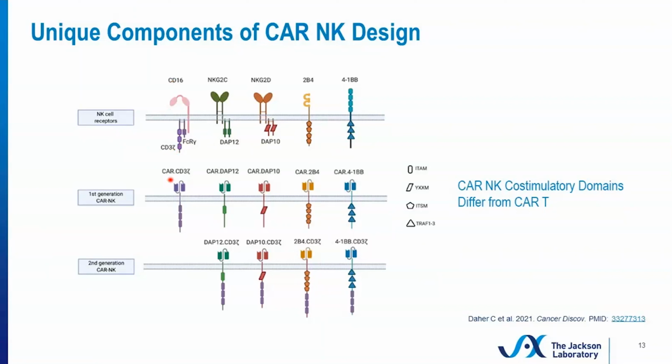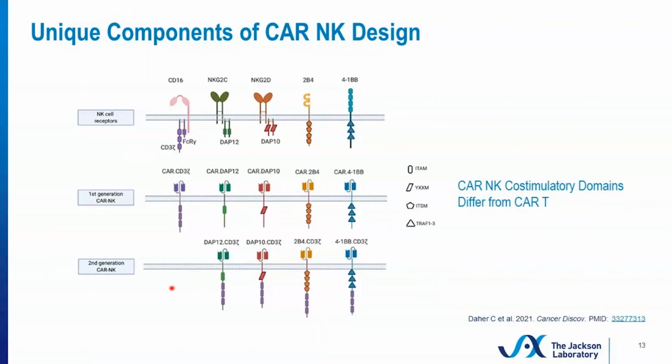So folks have designed these variable fragments to the tumor targets and engineered them with CD3 zeta. They've also engineered these to include components of these co-stimulatory domains of these natural receptors to get activity.